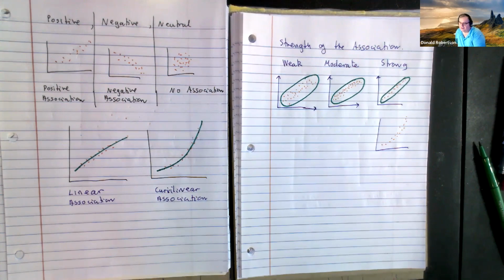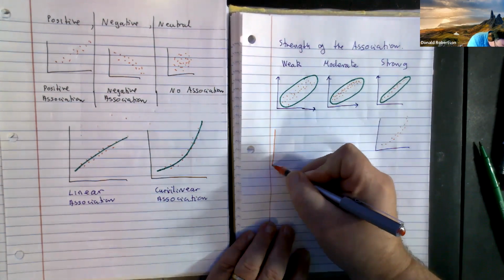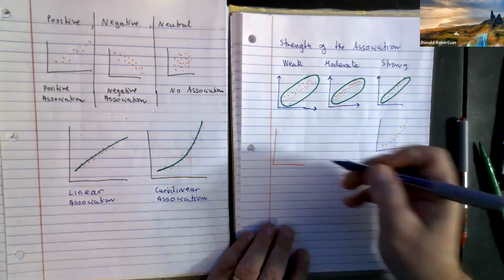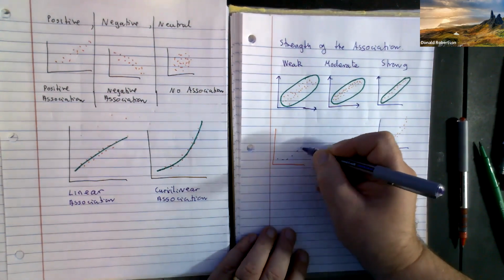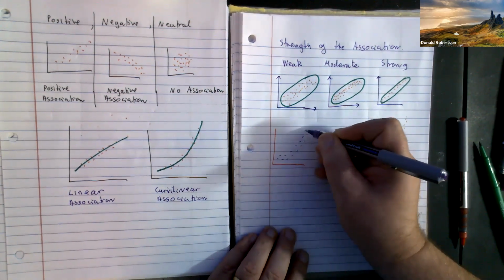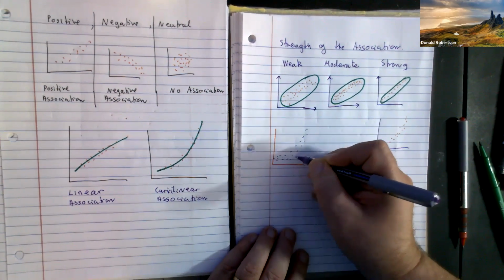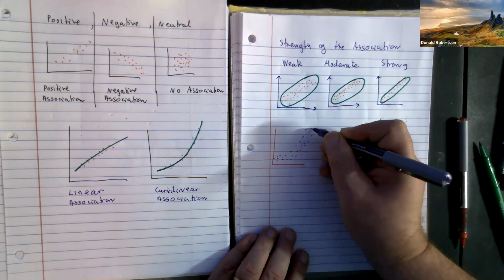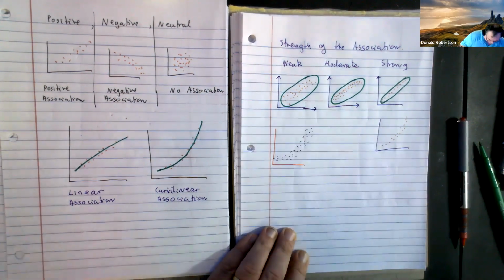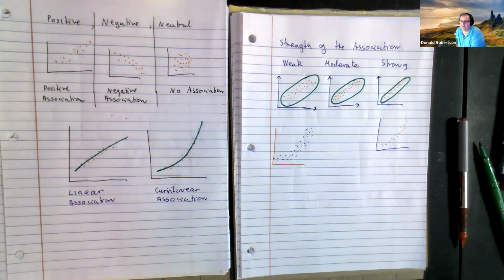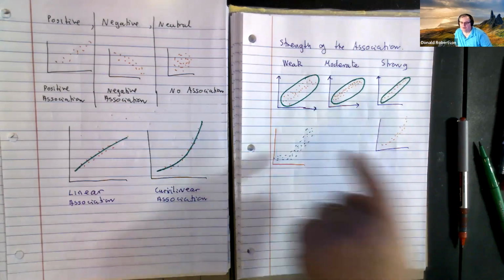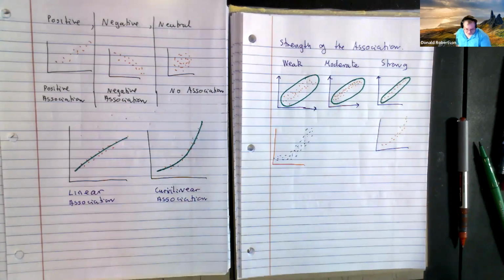Nice and close together. A weak one might look like this. Yeah, would you agree that's much worse looking, right? That would be considered weak. And somewhere between those two extremes, you can put moderate.